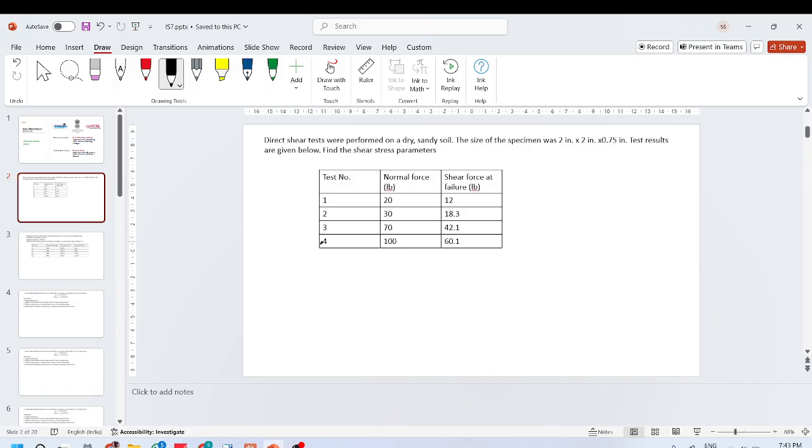Direct shear tests were performed on a dry sandy soil. Size of the specimen was 2 inch by 2 inch by 0.75 inch. Test results are given below. Find the shear strength parameters. Okay, let's try that.